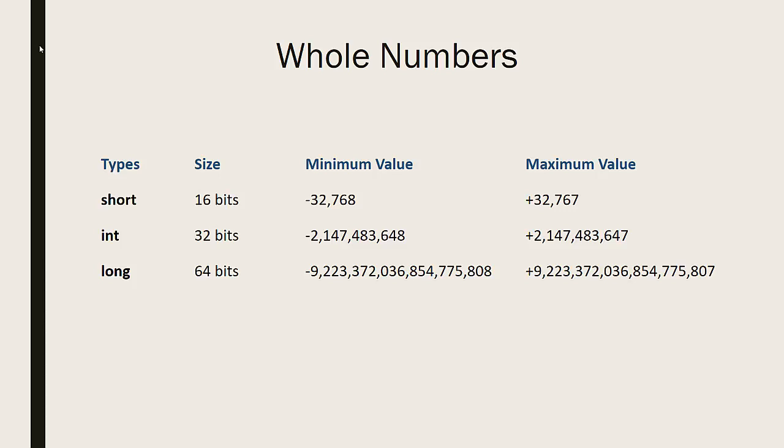Moving on to the long data type. The long data type is commonly used when you know the value you will be assigning would go lower or higher than the allowed value for the int data type.